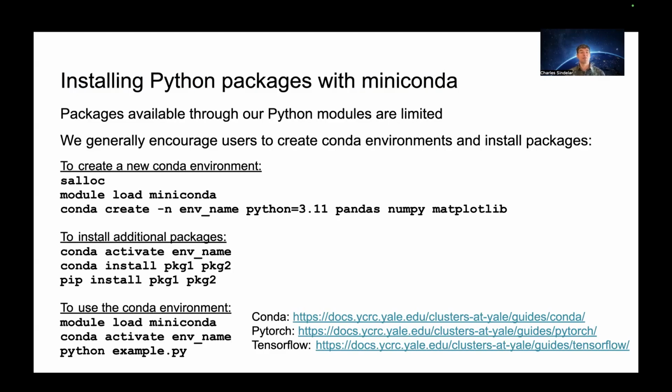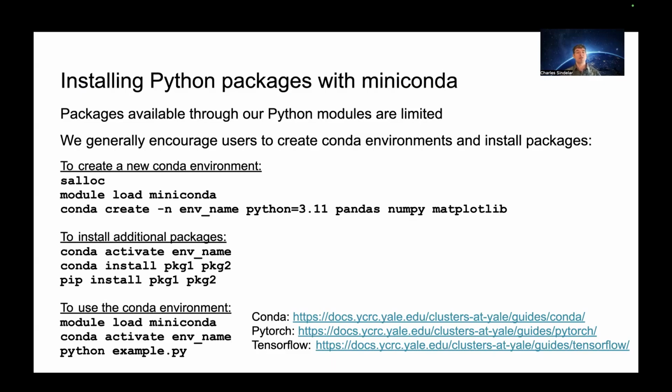The procedure that you will do is you'll activate a compute node with salloc, and then we have a module for Conda. So you do module load miniconda, and then you will use a command like the following to create an environment. Here's the name, env name, and then you will list Conda packages that you would like to include in your environment.